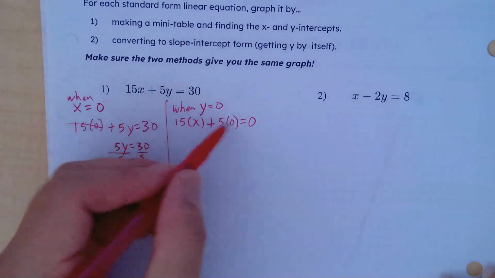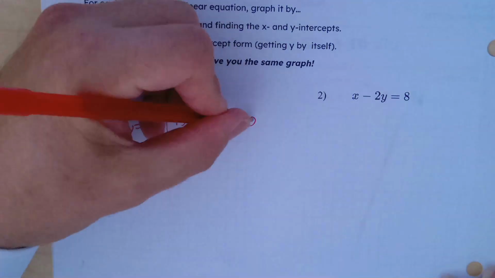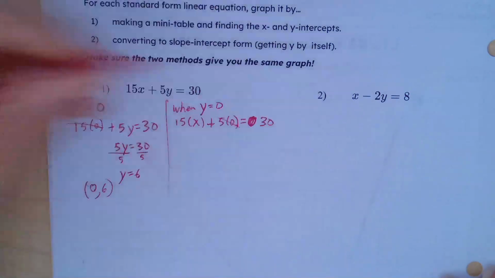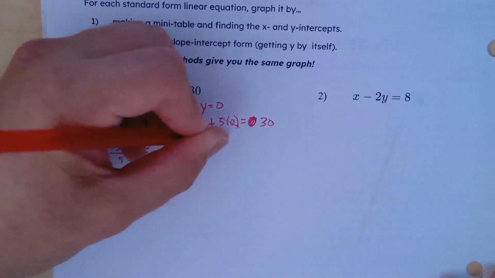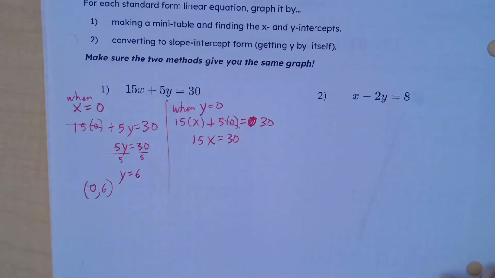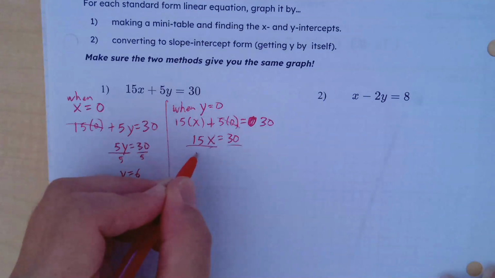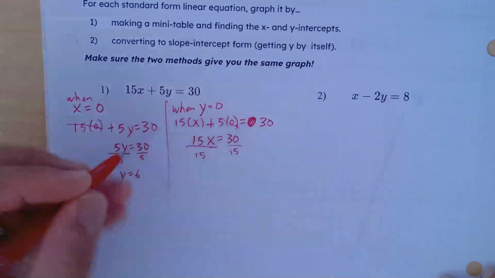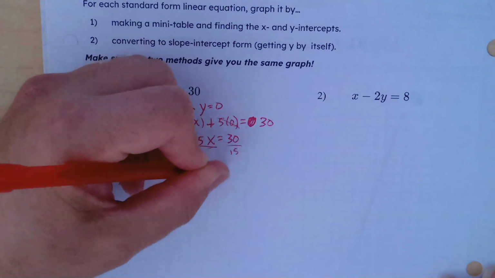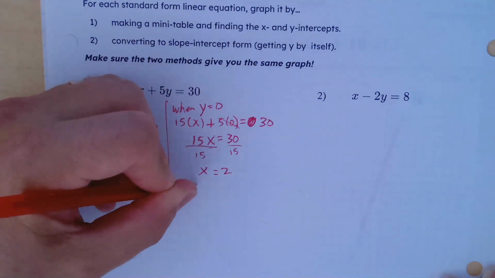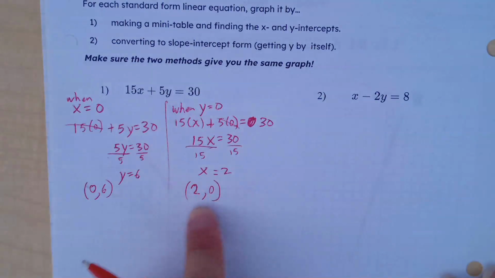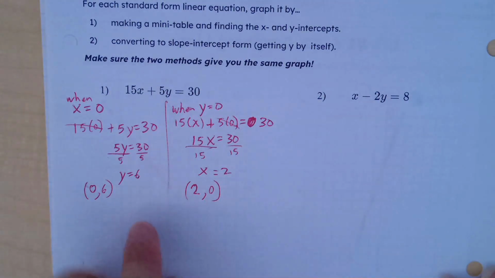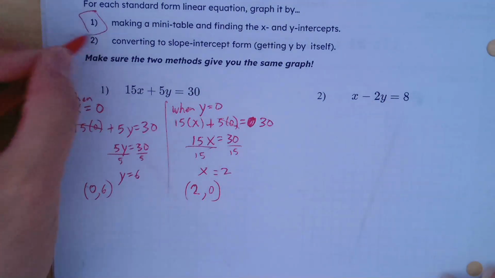Now that's going to go, oops, sorry, it's 30. And so now I've got 15x equals 30. So if I divide both sides by 15, then I'm going to end up with x equals 2. So I have 2, 0, because we've made y equal to 0 and x is 2. So using method 1, I can plot these 2 points and get my graph.